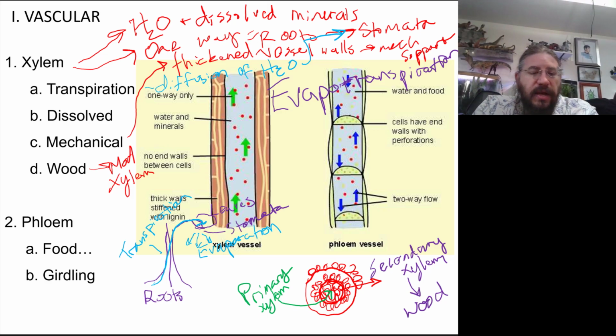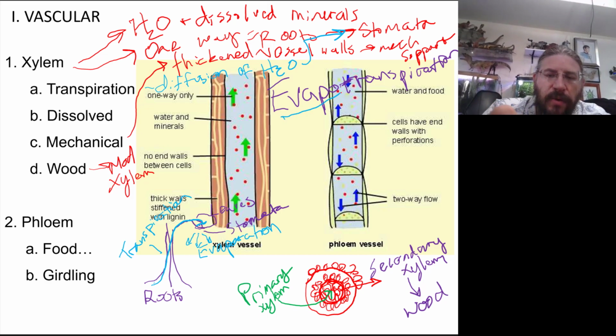And it goes hand in hand with evaporation, water loss at the stomata, hence evapotranspiration. And plants have all sorts of adaptations to try and manage evapotranspiration.